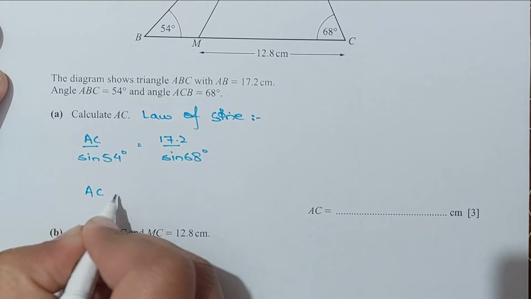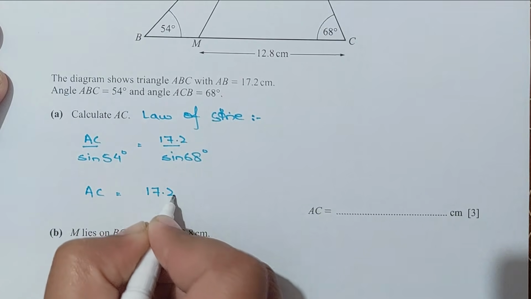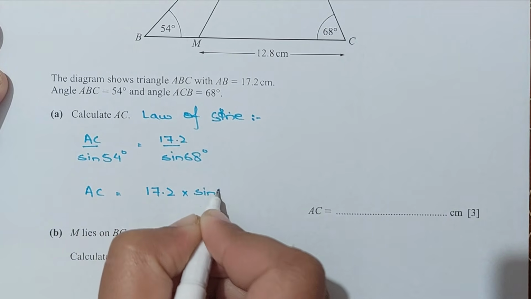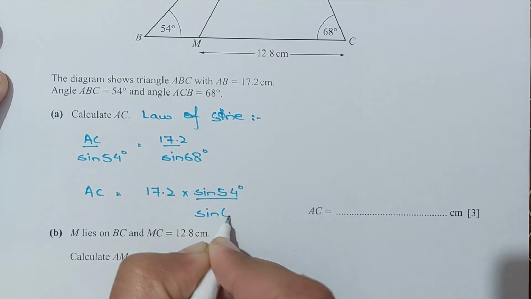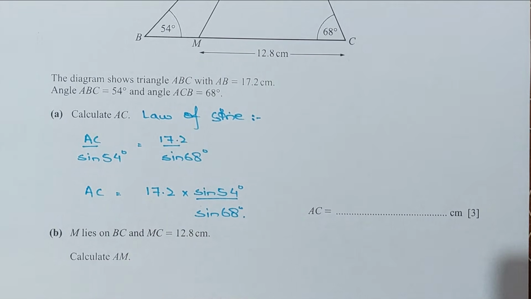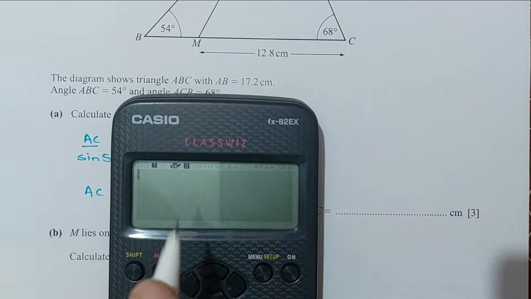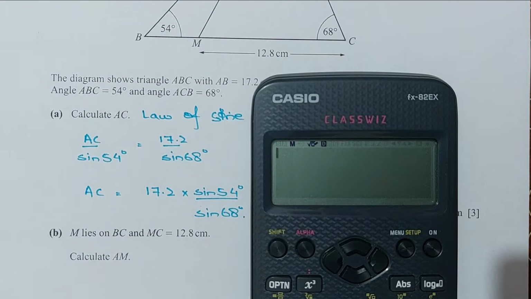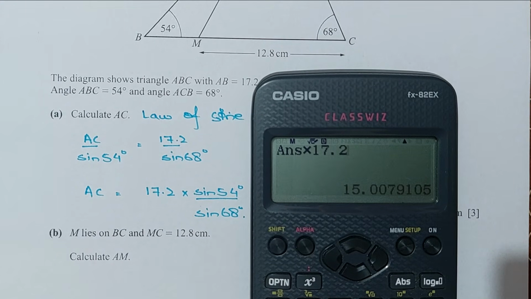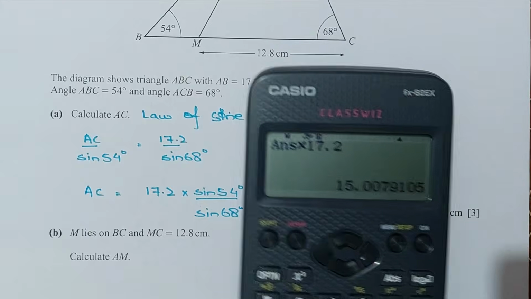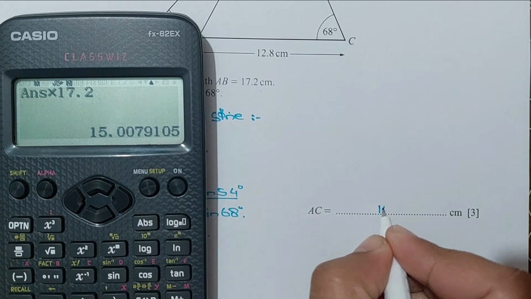Solve for AC, which is 17.2 multiply sine 54 degrees over sine 68 degrees. Make sure your calculator is in degrees. Sine 54 divide sine 68 times 17.2, 15.00, or we can say 15 centimeter.